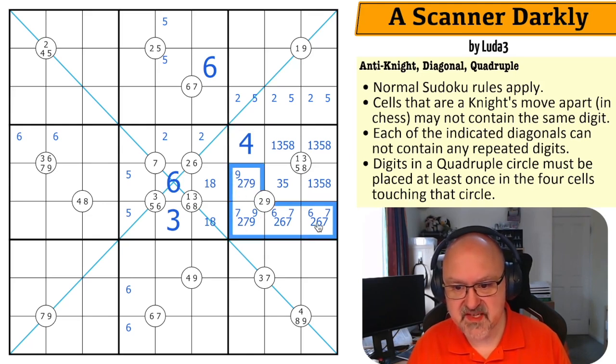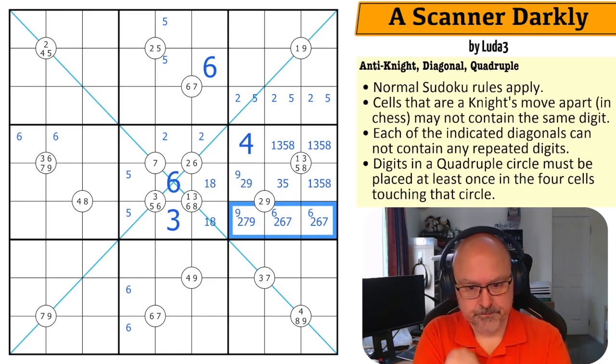And this was 2, 6, 7, 9, with 9 in one of those two. There's no 7 there because of the lining up quadruples. So this is 2 or 9. I'm going to take the 7 out of that. That was cool, I think.